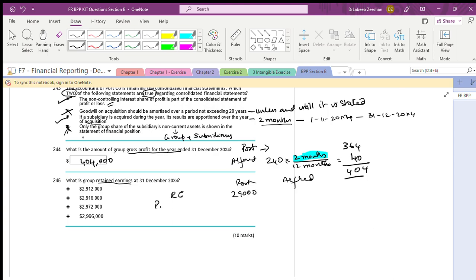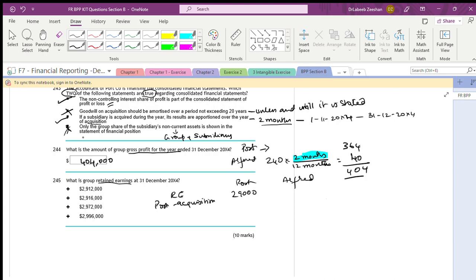Post acquisition, what is the group retained earnings? The subsidiary share will go to NCI. The group retained earnings take into consideration the post acquisition profits also.